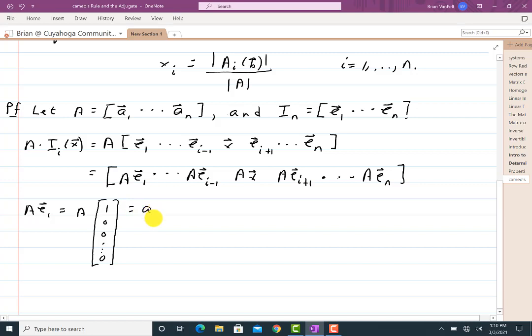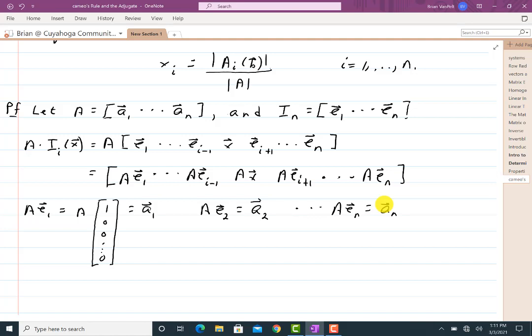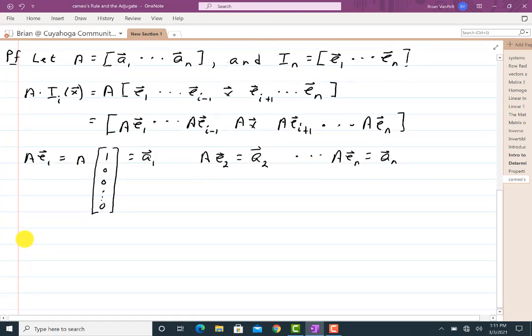If you remember, all this does is pick off column 1. So Ae2 is going to simply pick off the second column, because that e2 has a 1 in the second place, just like the e1 had a 1 in the first place. You can keep going until you get all the way up to Aen, and that will be an. The only one that needs a little more work is Ax, and for the time being, we're not doing anything with it.